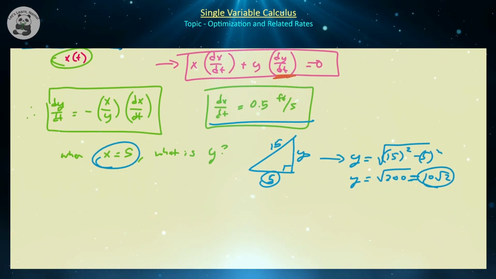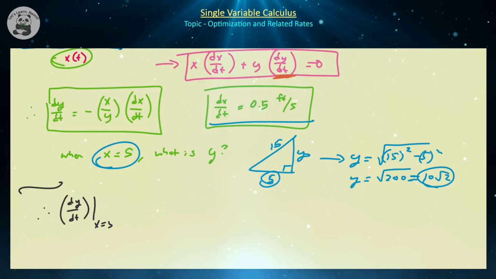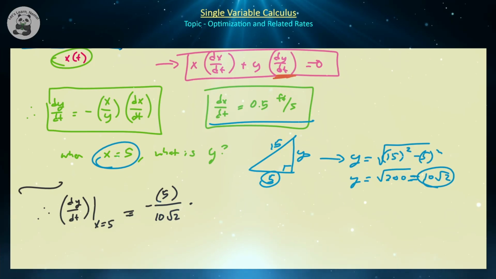So we can find how fast the height of that ladder is sliding down that building at this particular time. That means dy/dt, when x is equal to 5, will be equal to minus 5 over y, which is 10 square roots of 2, times dx/dt, which is given to be 1/2 feet per second.